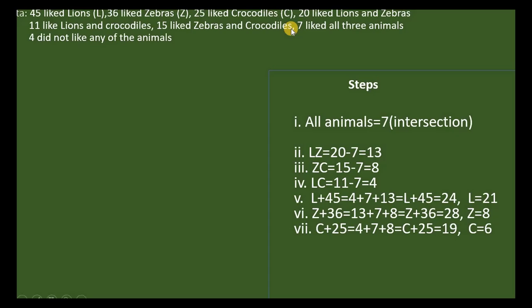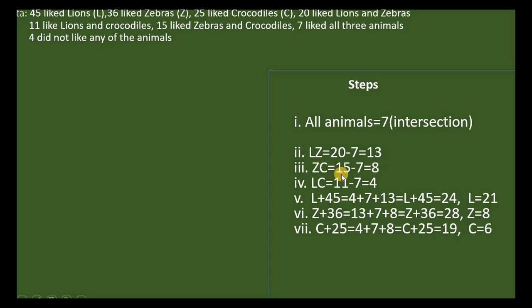Those who liked both lions and zebras were 20, and for us to find those who watched only lions and zebras, we subtract 20 minus 7, and the number that remains indicates those who watched the 2 types of animals only.